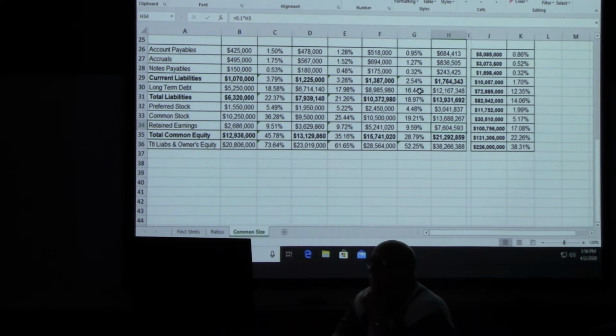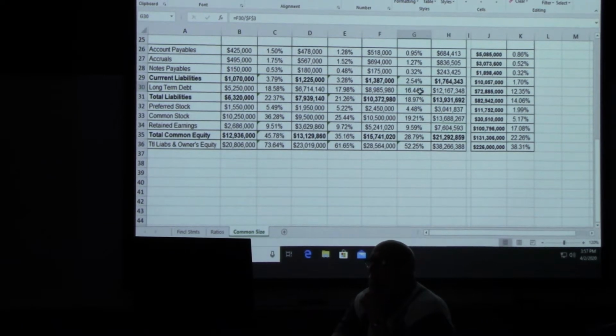Let's see if we bring our accounts payable, change that or that or that.